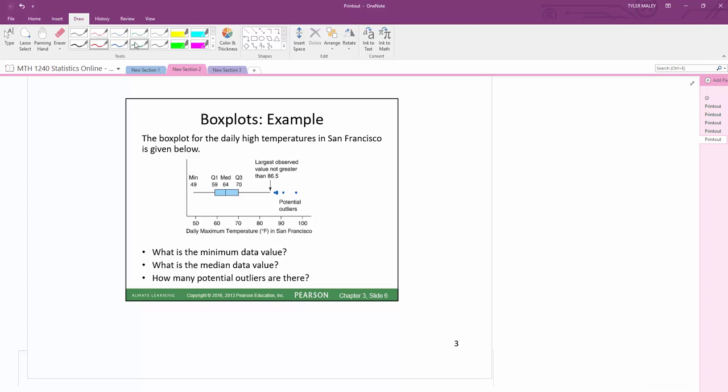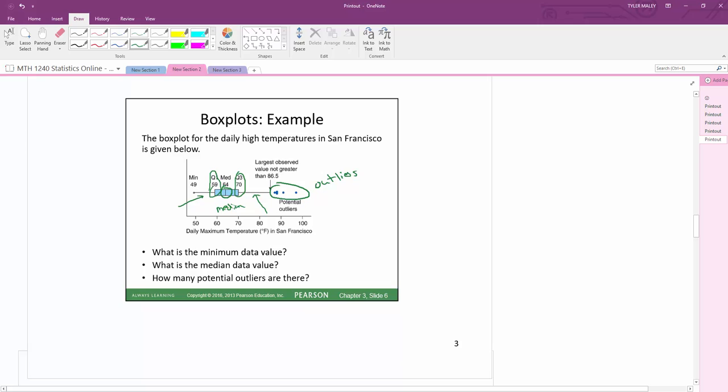So immediately you should recognize that these are my outliers in a box plot. This line here shows the median. This line shows quartile 1. This line shows quartile 3, and these horizontal lines are called the whiskers.